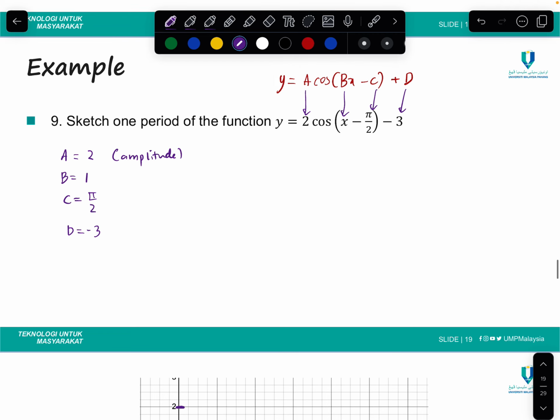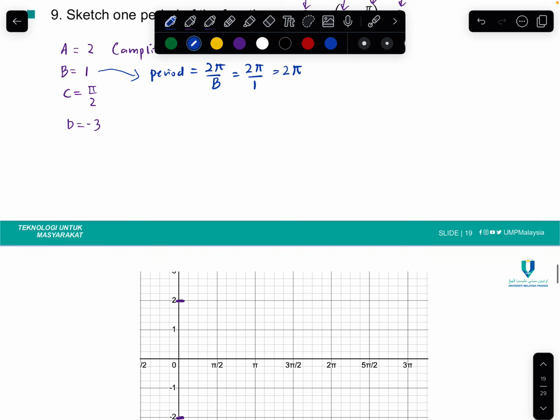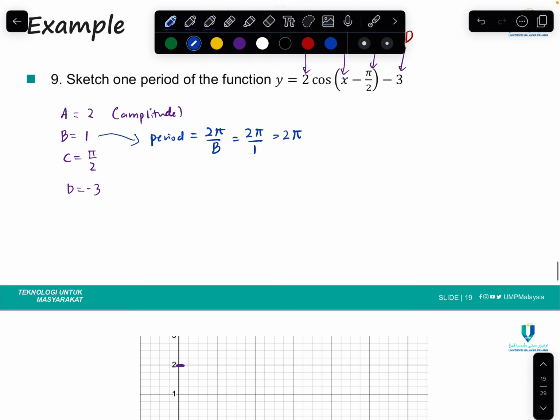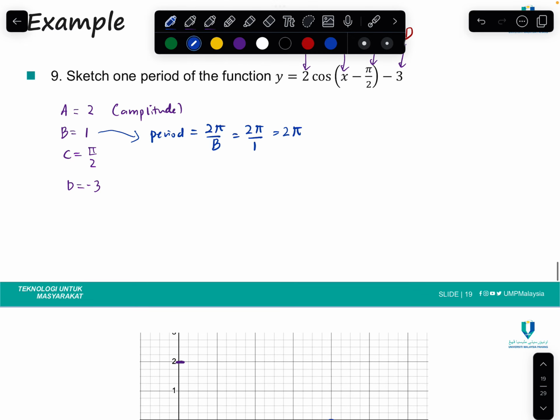Okay, next the value of B will affect the period because the formula of period is 2 pi over B. So 2 pi over B with B equal to 1 is 2 pi. So the length of one cycle is 2 pi, so we stop here, 2 pi. Okay, let's draw this first.